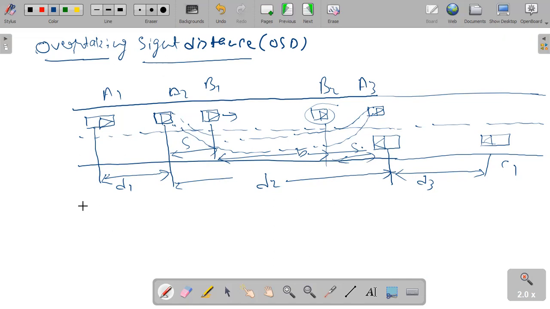Let's move on to the numerical side of overtaking sight distance. So overtaking sight distance is equal to d1 plus d2 plus d3.